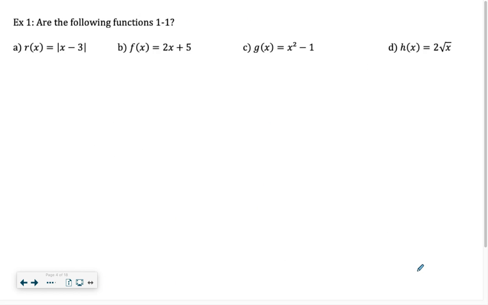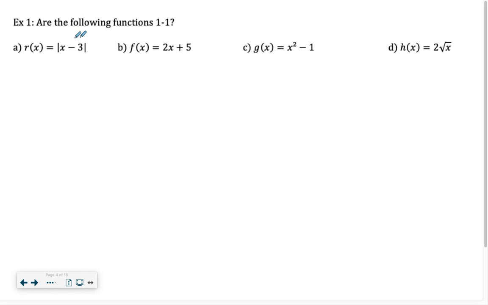Now, if we are just given functions, like in this next example, we still want to think about what these would look like on a graph. And because we talked so much about transformations of functions, I do expect you to be able to visualize what each of these would look like.